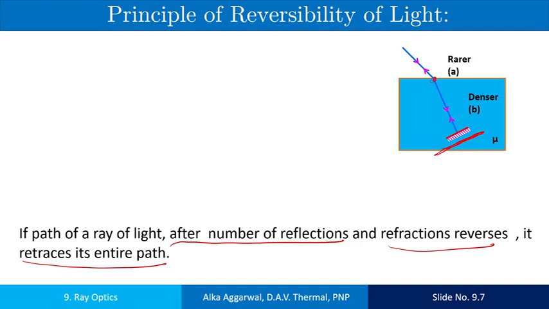When it is incident normally on the mirror, it goes back, and then this. So the same number of reflections and refractions reverse. How does it reverse? By putting a mirror, and it retraces its complete path.